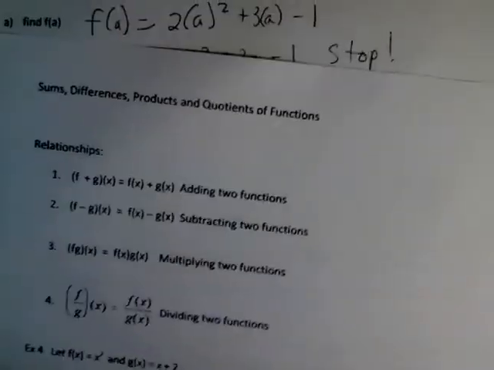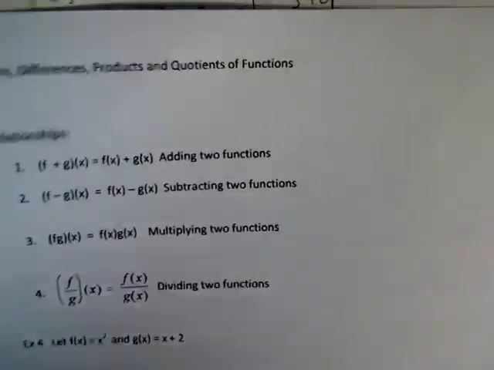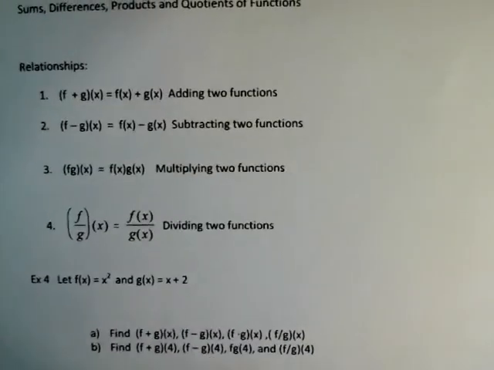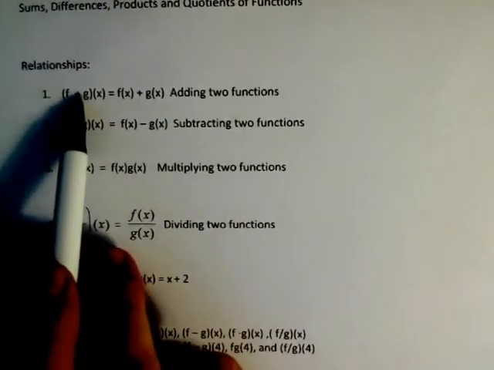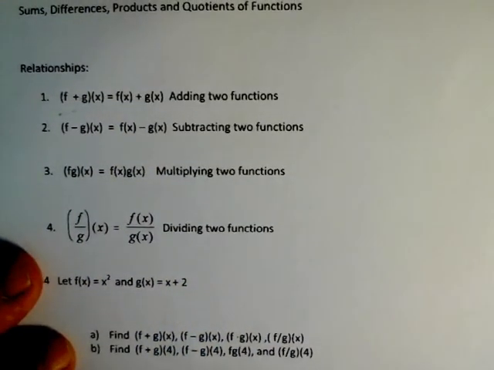Now our last topic is sums, differences, products, and quotients of functions. So what we can do is we can be given a scenario where we are asked to take f plus g of x, and that means to add the two functions together.